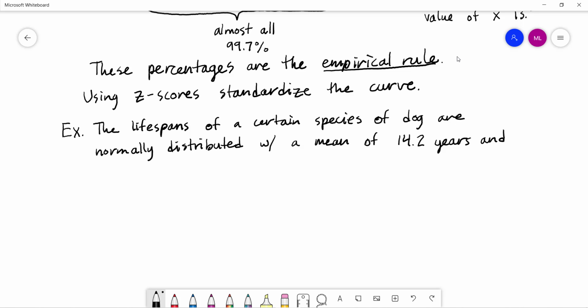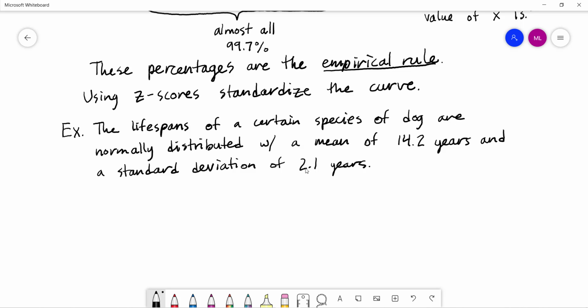And a standard deviation of, let's say, 2.1 years. So again, standard deviation tells us basically how spread out the lifespans are. If it's really tiny, then almost all the dogs would live really close to 14 years.